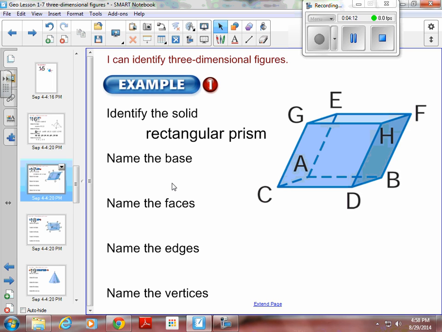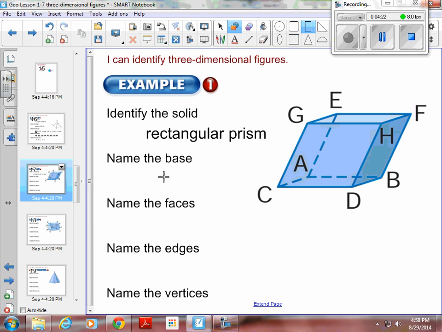The base. We're going to assume, since it's a rectangular prism, that the part that it's sitting on is the base. And so the base is a rectangle, so I'll grab my rectangle shape. So it is a rectangle. And so my base is going to be rectangle ABCD.